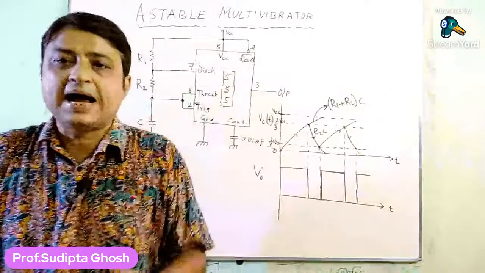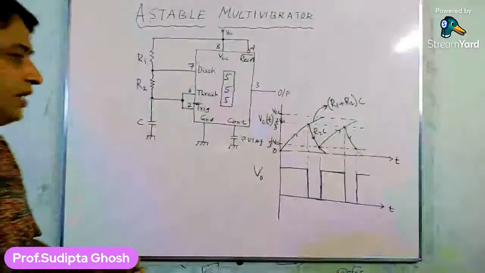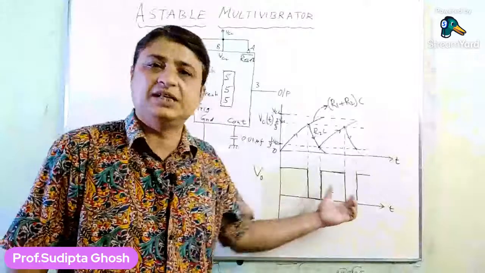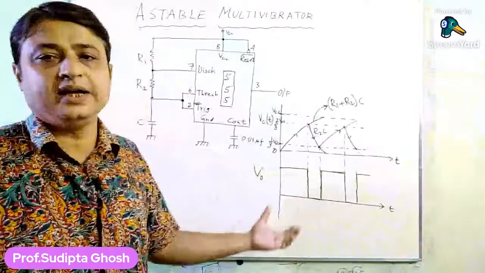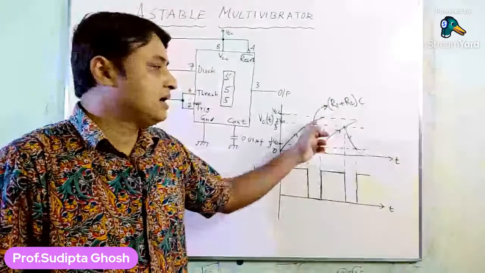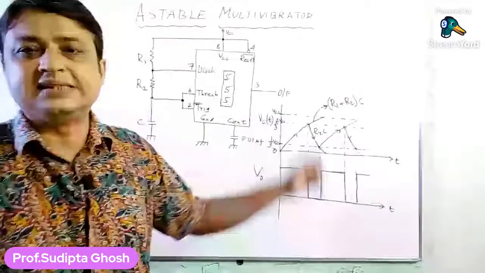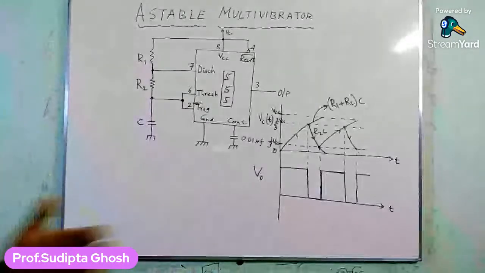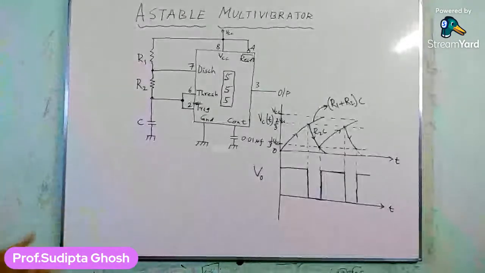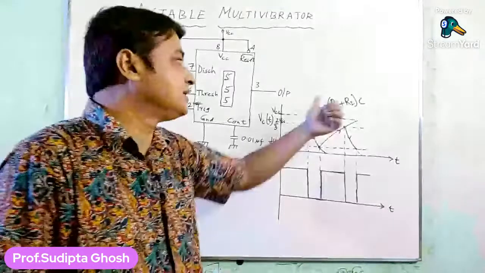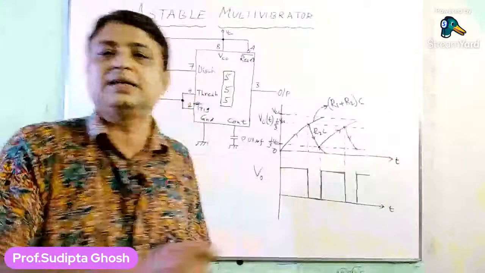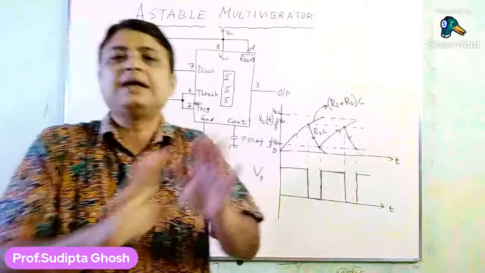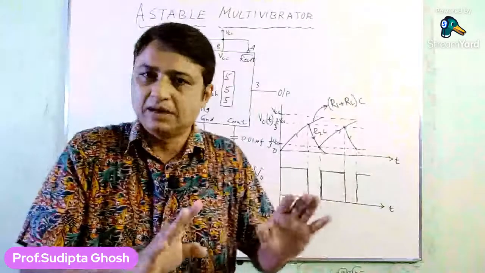But we can change the width of the charging as well as the discharging time of the capacitor, since the charging time constant is R1 plus R2 times C, and the discharging time constant is R2 times C. So the charging time and the discharging time are dissimilar, not equal.